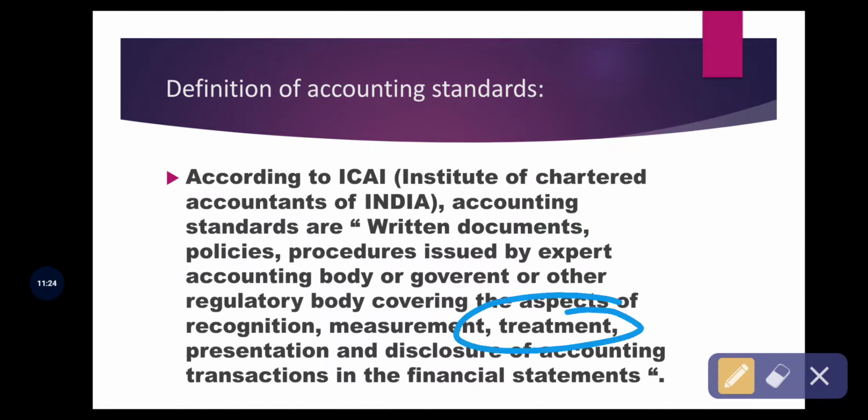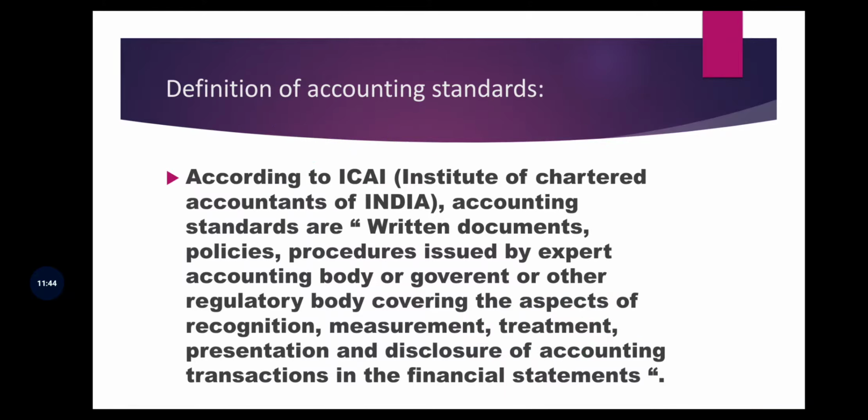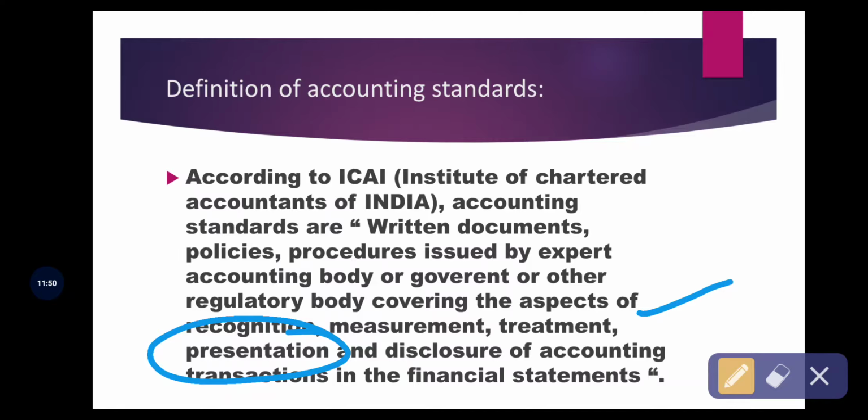For an income, where in the profit and loss account we have to show it, that is treatment. The set of written rules and regulations we follow to prepare the financial statement. Next is presentation. After knowing where we should treat it, next is how to present it, which means how to prepare the financial statement.